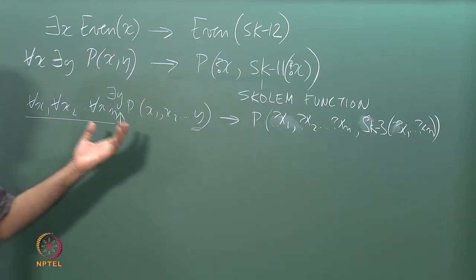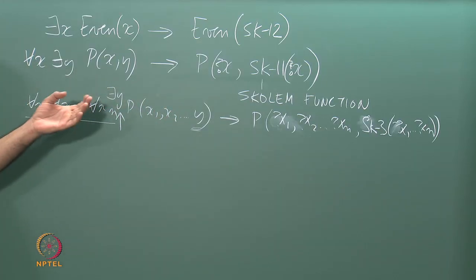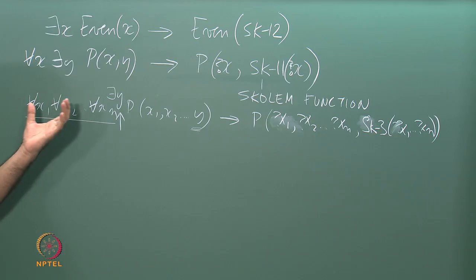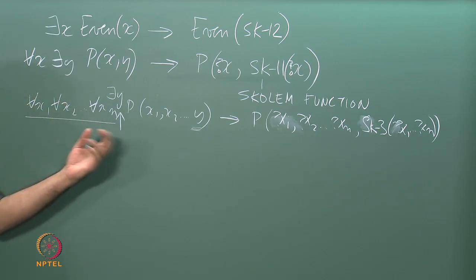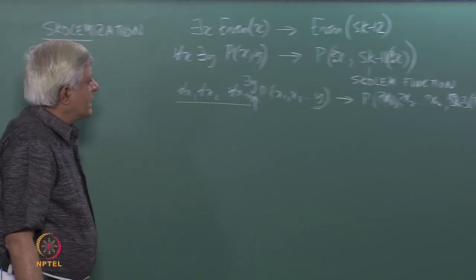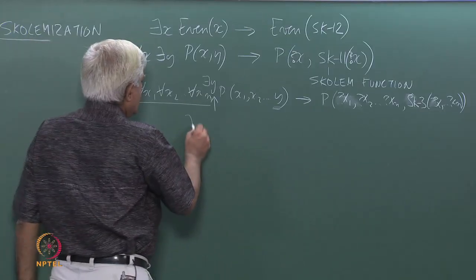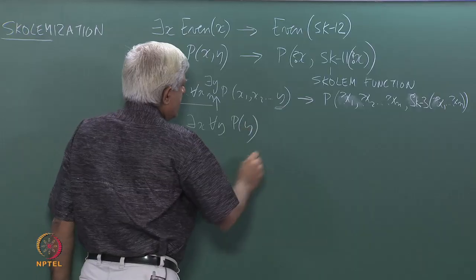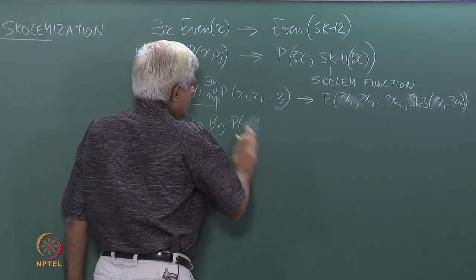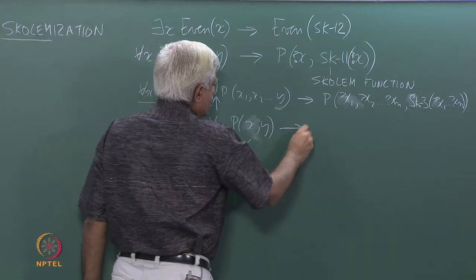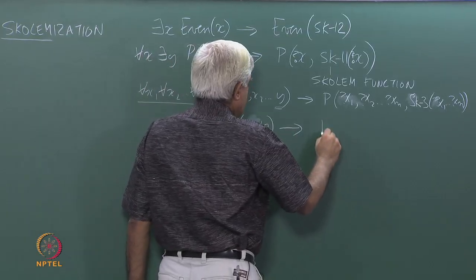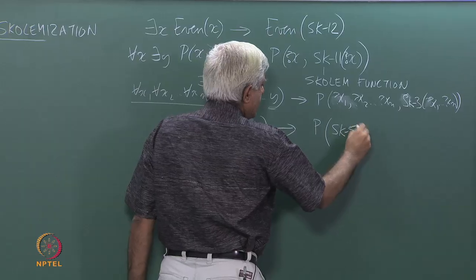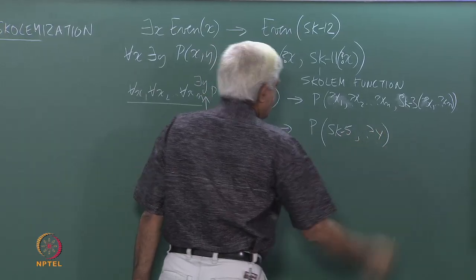So, in general you just look at what are the quantifiers on this side, universal quantifiers on this side, and make that variable a function of that essentially. If I had something like this, there exists x for all y p y, p x y, then I would replace it with p sk5 y.